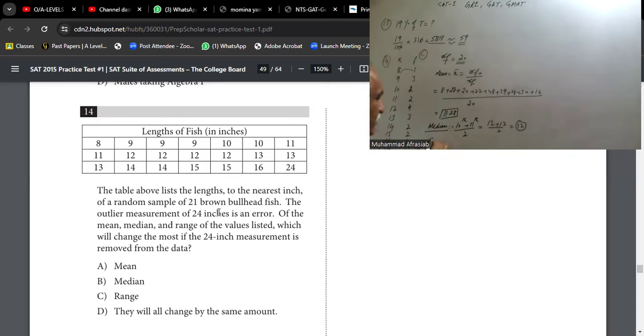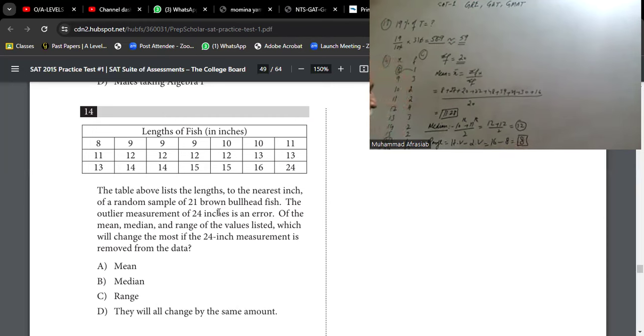Then we use the range concept, which means highest value minus lowest value, where the highest value here is 16 and the lowest value is 8. So that is equal to 8.